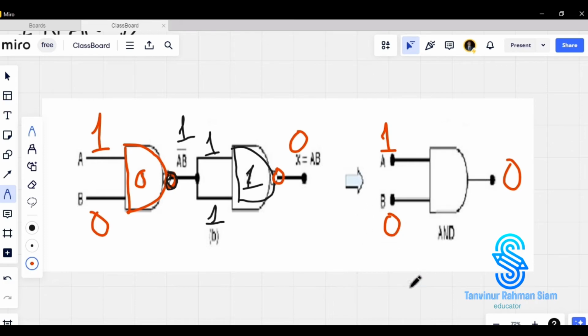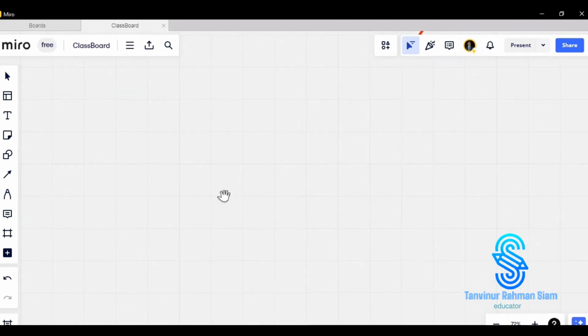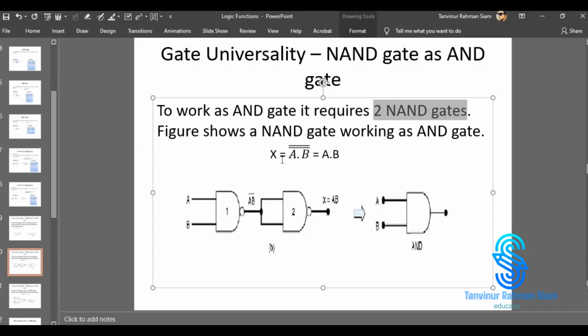So that's why we say that two NAND gates are being used as one AND gate. Done.